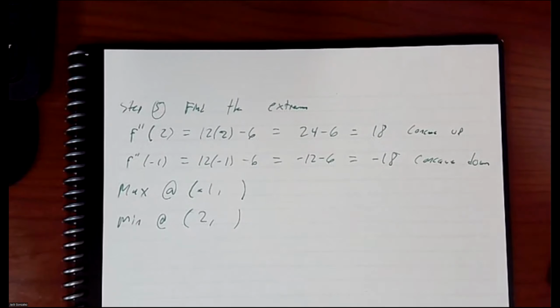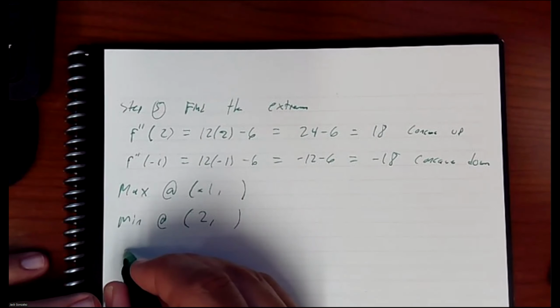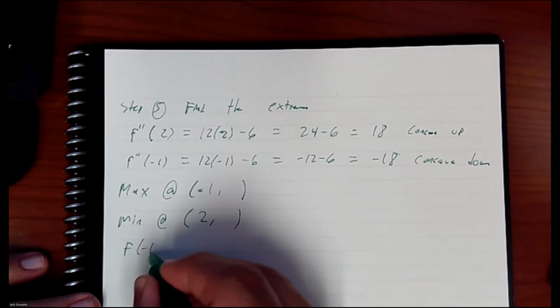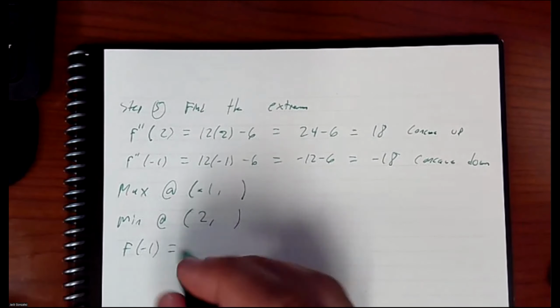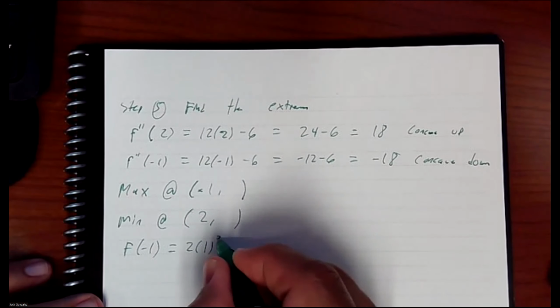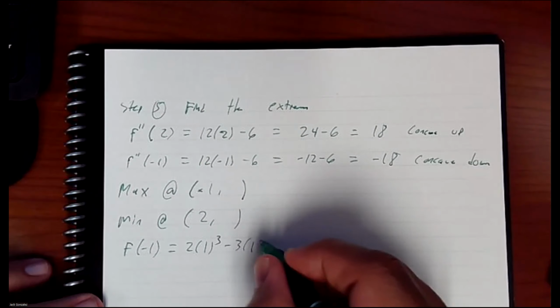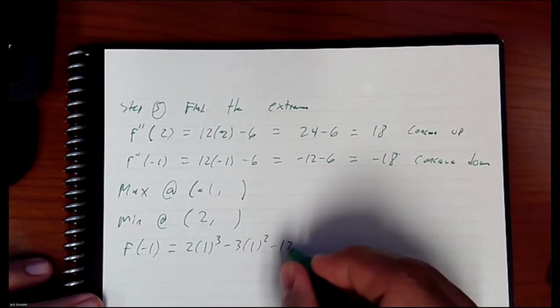To find this value, though, you have to plug it into the original. So f at -1 would equal 2 times (-1) cubed minus 3 times (-1) squared minus 12 times (-1).